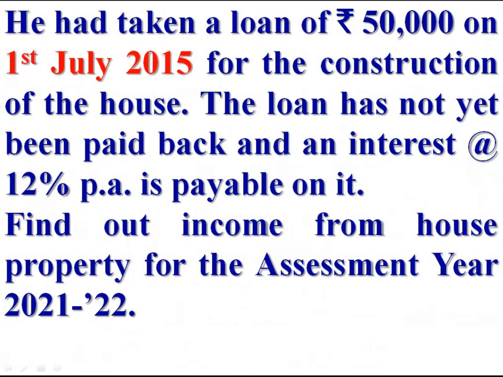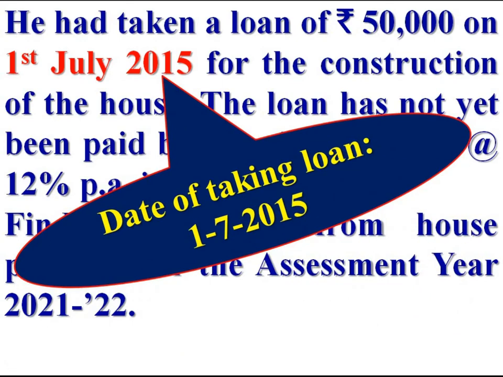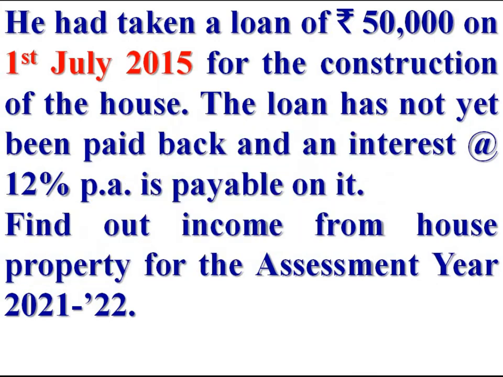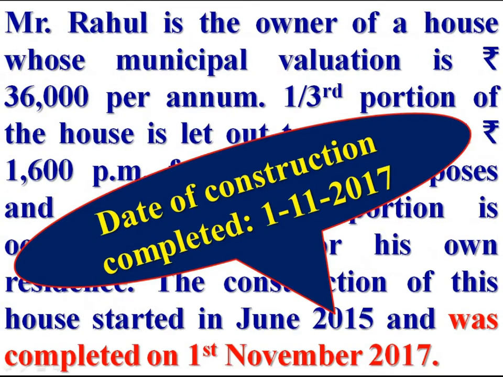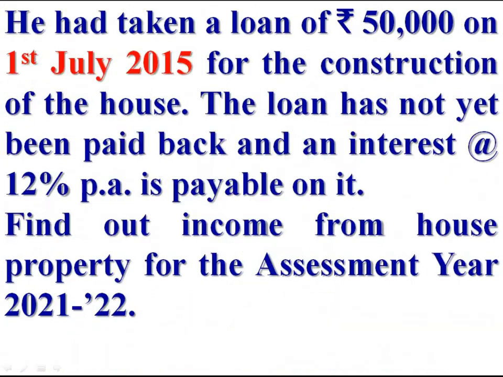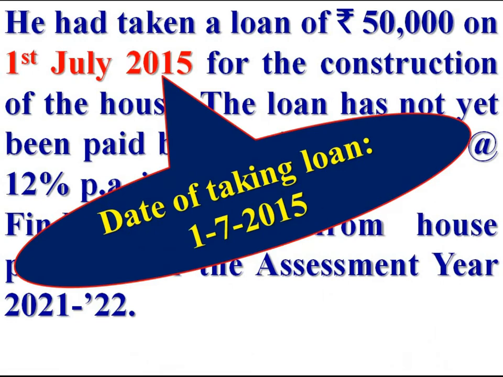Okay. He had taken a loan of Rs 50,000 on 1st July 2015. It is the date of taking loan, 1st July 2015. We are given date of construction completed, 1st November 2017, and date of taking loan, 1st July 2015.